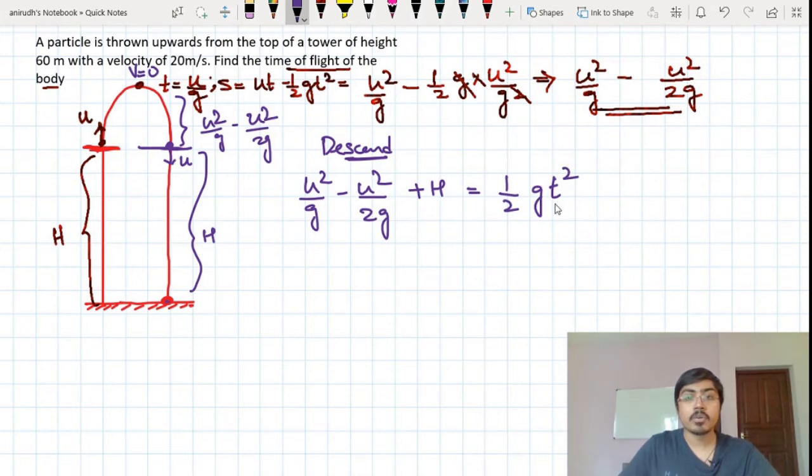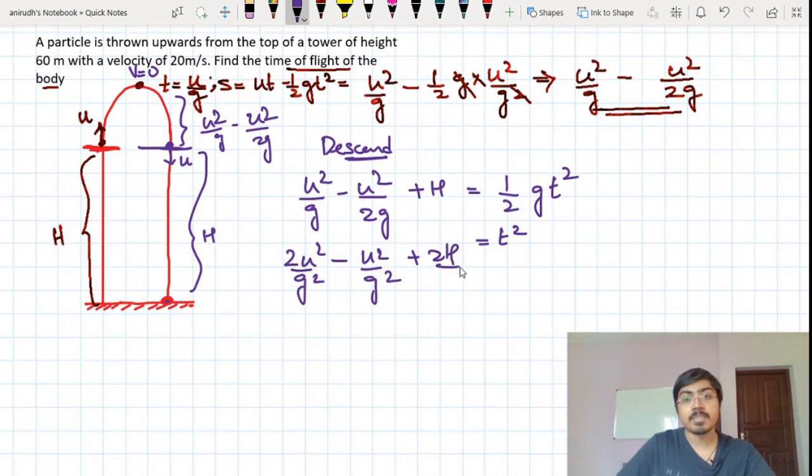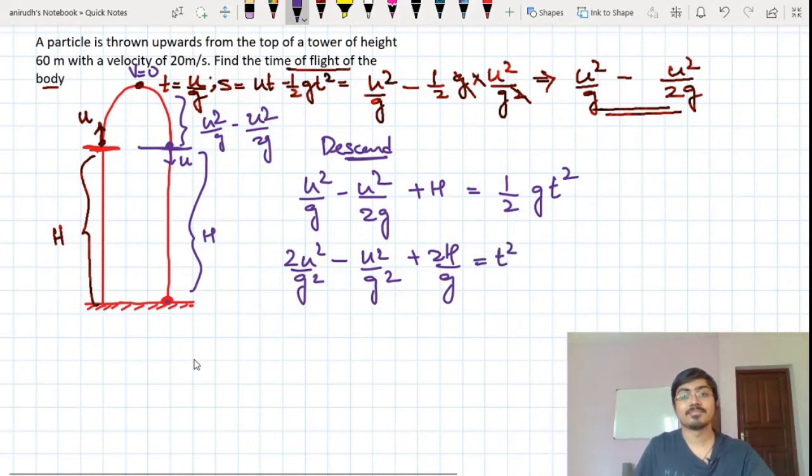Now what am I going to do? I will just place my t square on one side and take everything else to the other side. So 2u square by g square minus u square by g square plus 2h by g is equal to t square.